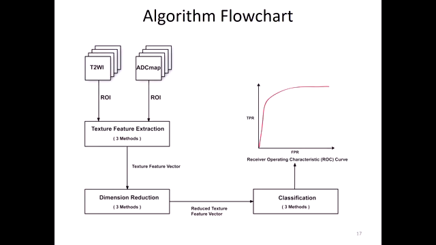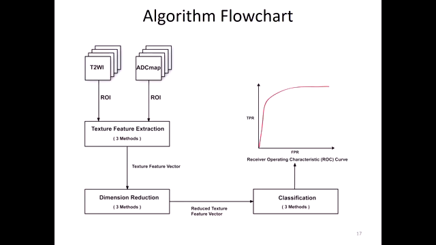And from this, we will do a dimension reduction, with 3 methods of dimension reduction. We want to reduce the dimensions so we can use just the features that best predict in the classifiers and get rid of the ones that may cause confusion that aren't helping with our prediction. And that will give us a reduced feature vector.